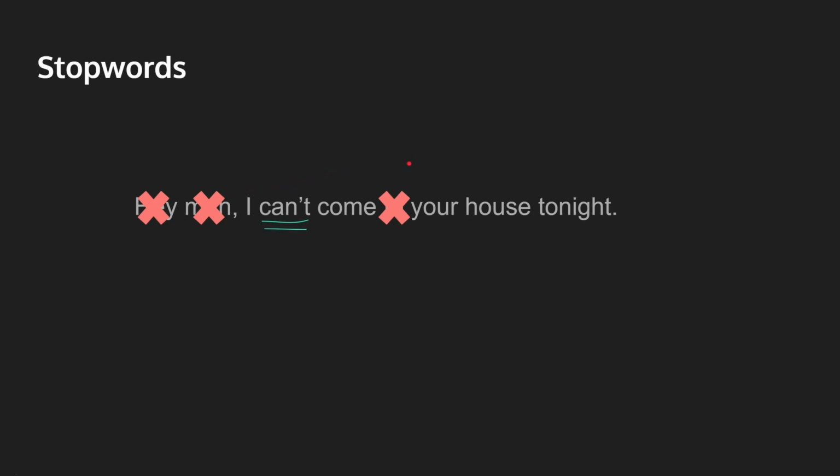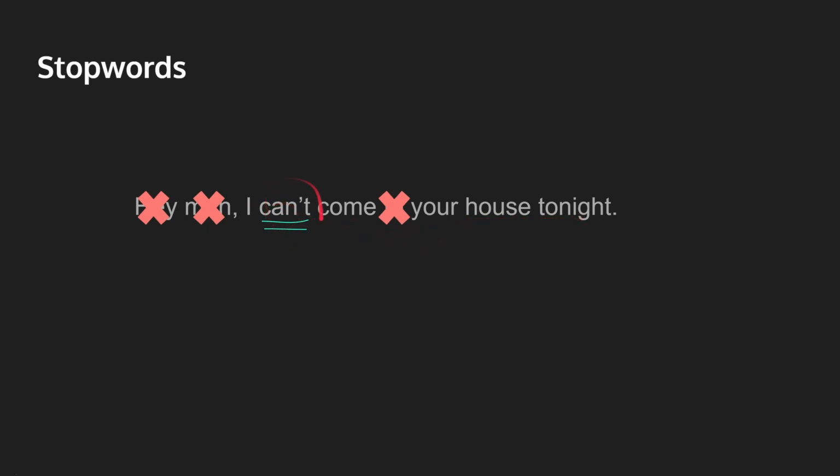But okay, so back to our sentence. The word can't in this example is actually very important because it indicates that the opposite action will occur, right? Without this can't, it will be I come your house tonight, right?